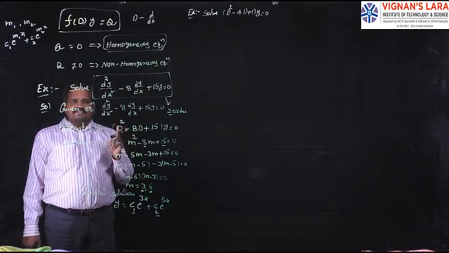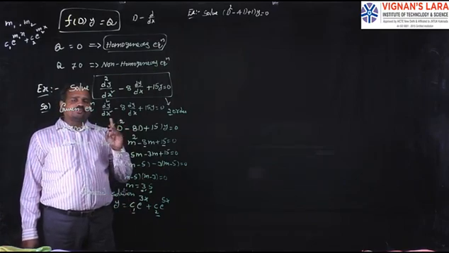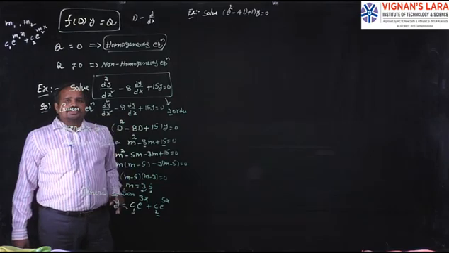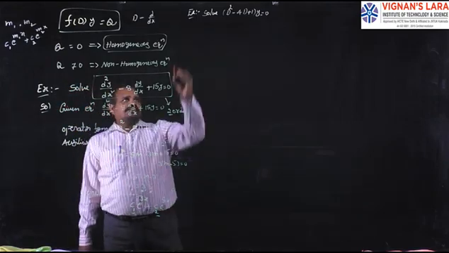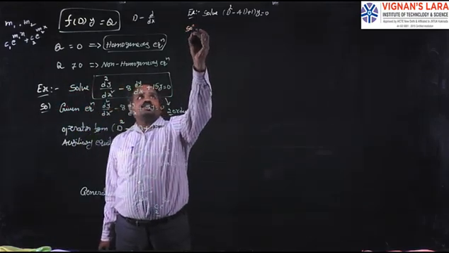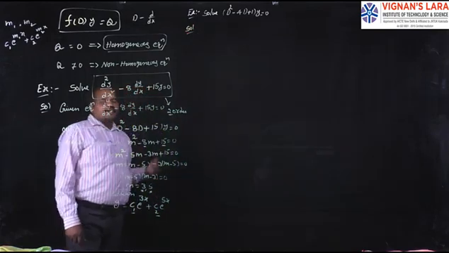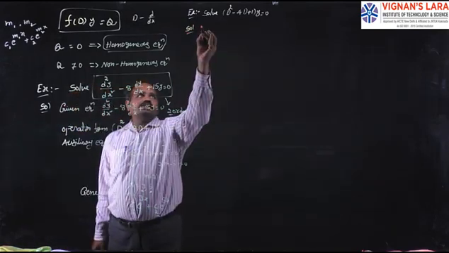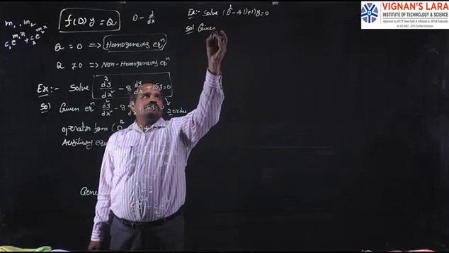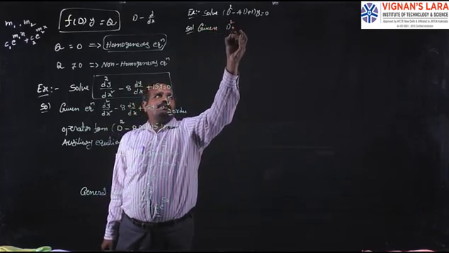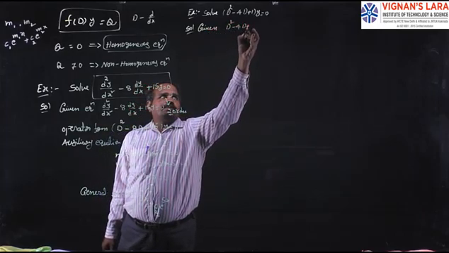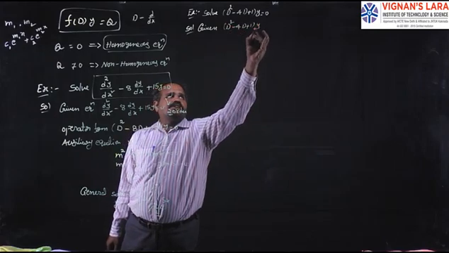A homogeneous equation has only one solution, the complementary solution, which becomes the general solution. The operator form is already given, so there is no need to write it again. Write the given equation: D square minus 4D plus 1 into y is equal to 0.